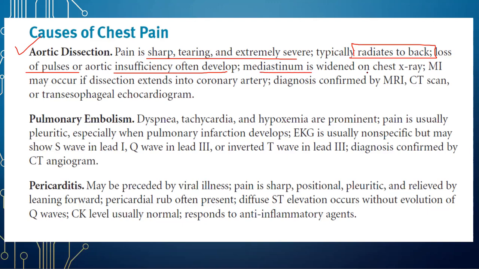If you do a chest X-ray, you will get widening of the mediastinum. Sometimes a patient with aortic dissection can have an associated MI also if the dissection extends into the coronary artery. So remember, aortic dissection and MI can sometimes be together.